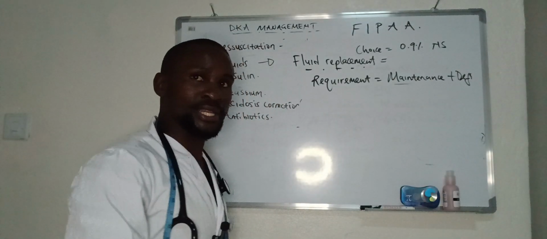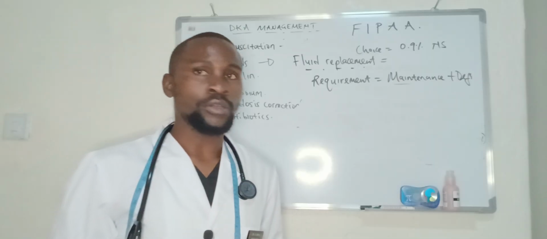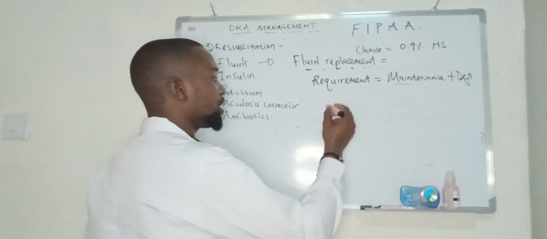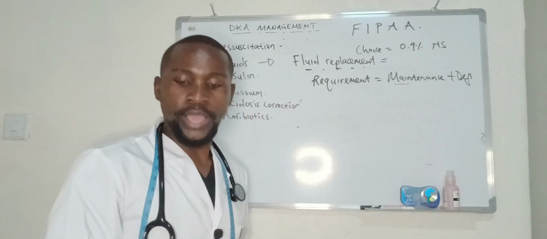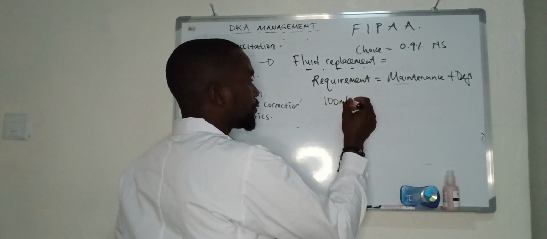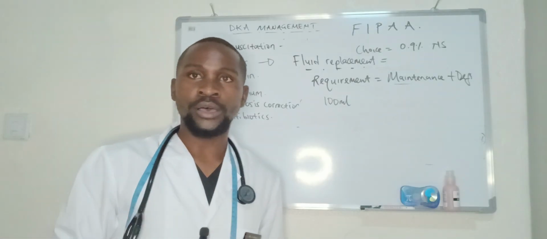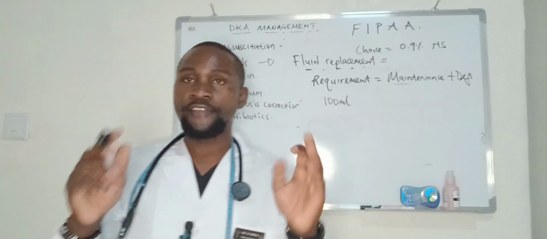How do you calculate the maintenance? You can calculate the maintenance using the Holliday-Segar formula. Maintenance fluid is going to be 100 mils for every 10 kgs.